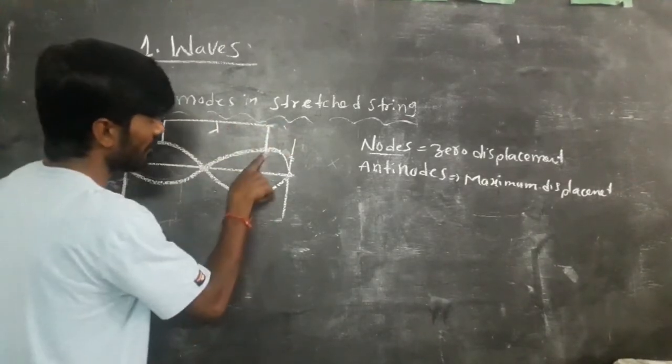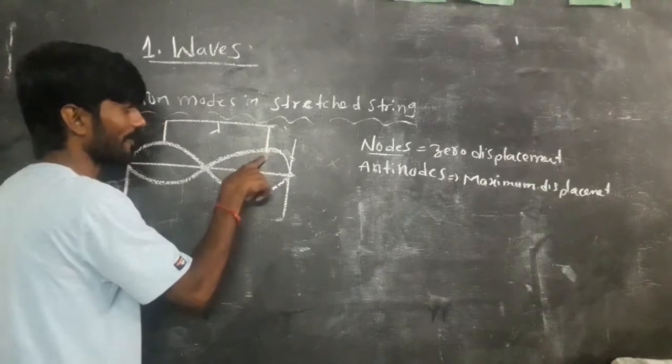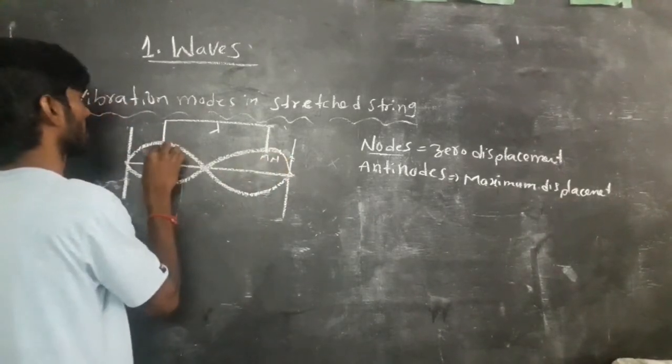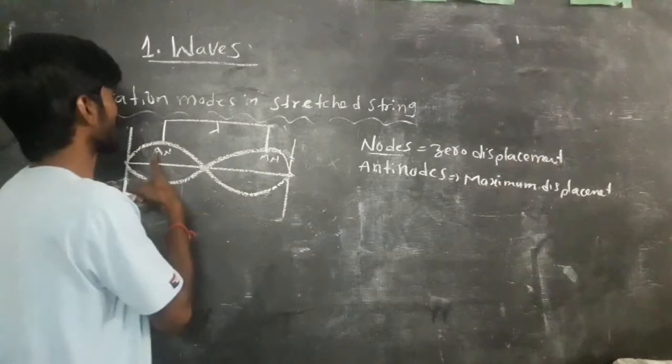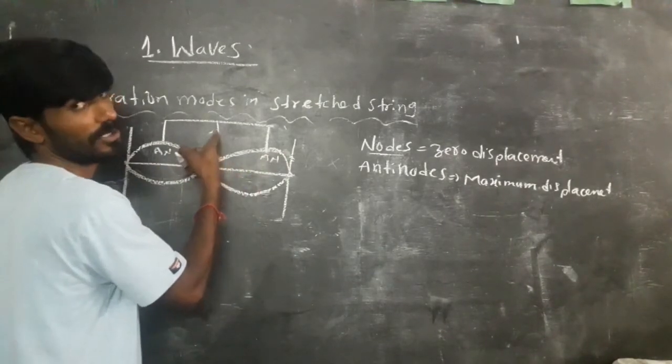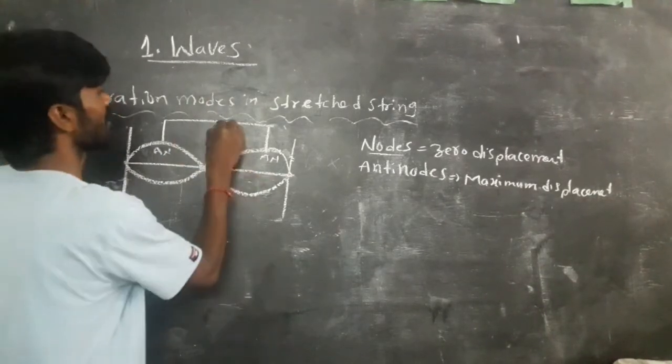The crest is the upward maximum point, which we call an antinode. So the distance between two successive antinodes is also equal to the wavelength. Wavelength means lambda.